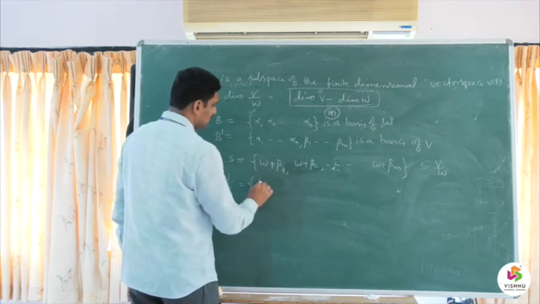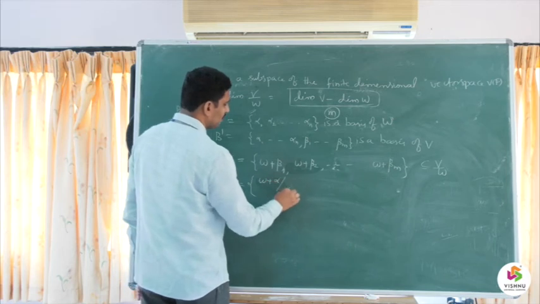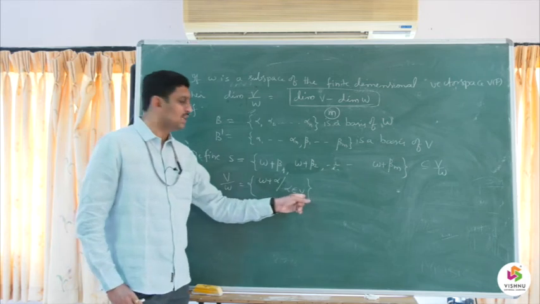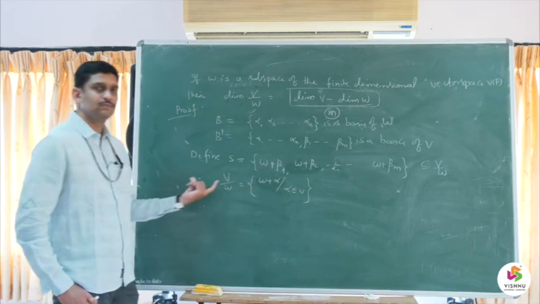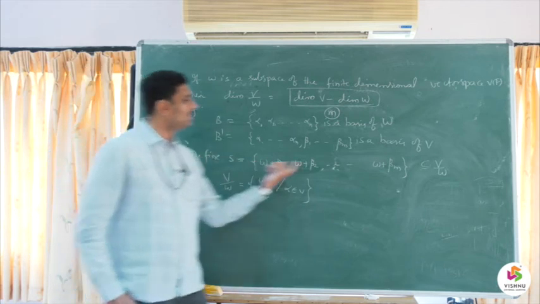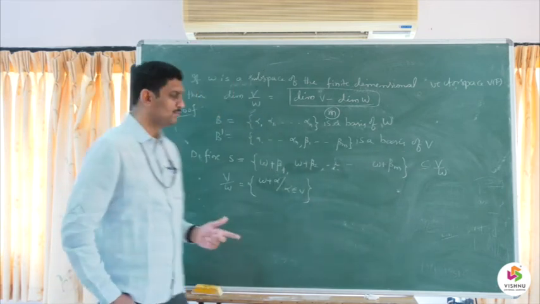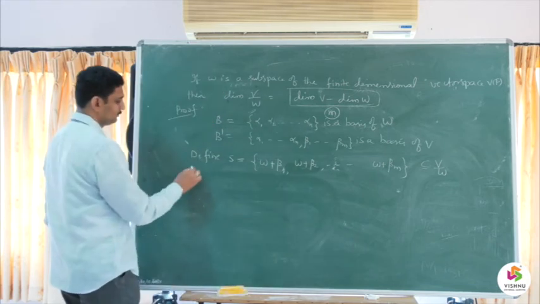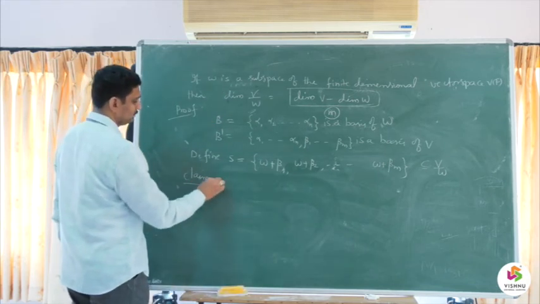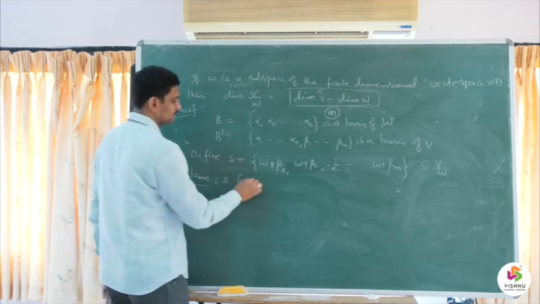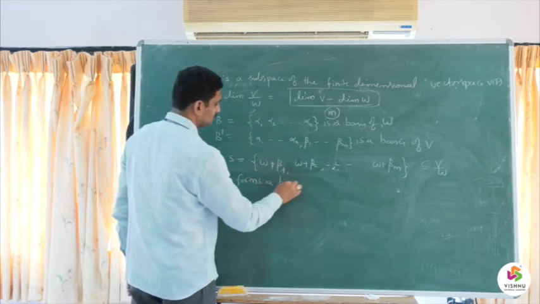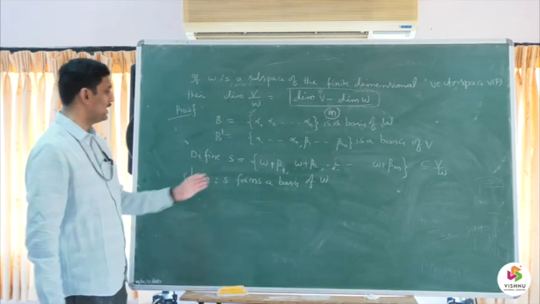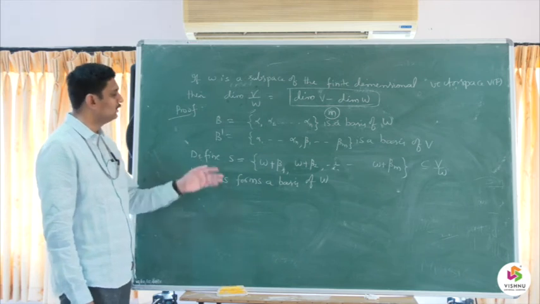So, you can write it like this: W plus alpha such that alpha belongs to V. So, for every vector alpha in V, the corresponding coset will be in V by W. So, by default all these cosets will belong to V by W. Now, we prove that this set is a basis of V by W. So, S forms a basis, that we need to show.